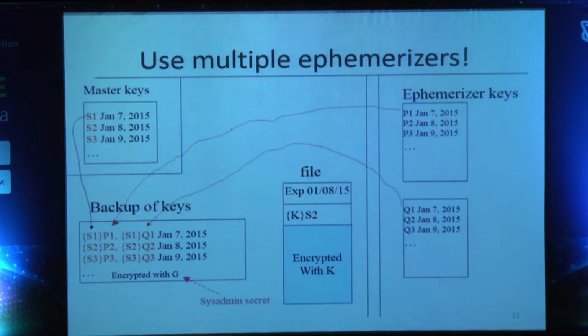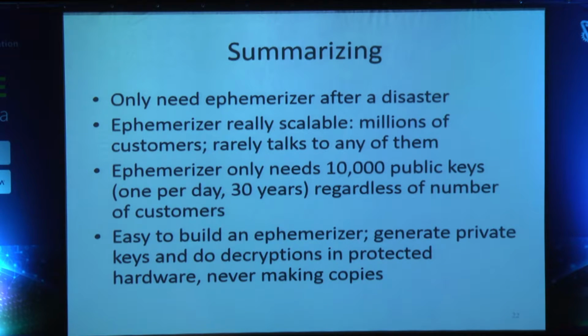So that's the basic concept. You only need to talk to the ephemerizer after a disaster. Hopefully never, but maybe every 5 or 10 years. And the ephemerizer is incredibly scalable because the same number of keys, 10,000, works no matter how many customers it has.